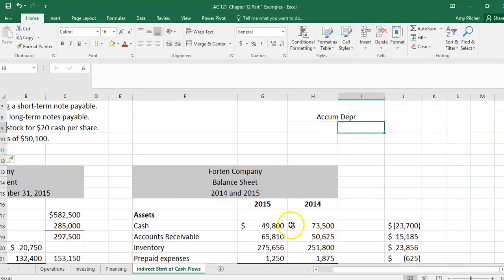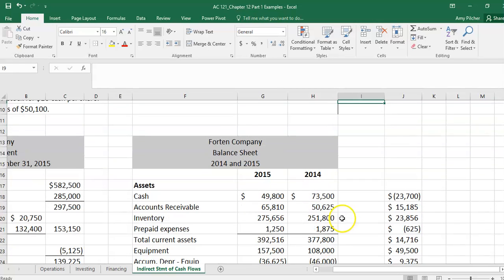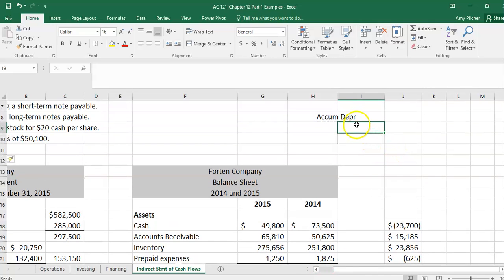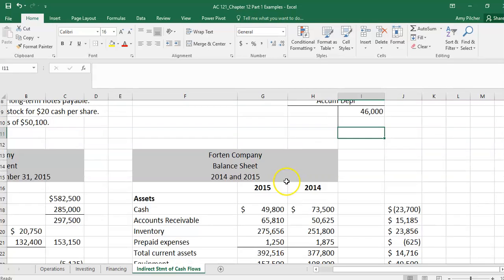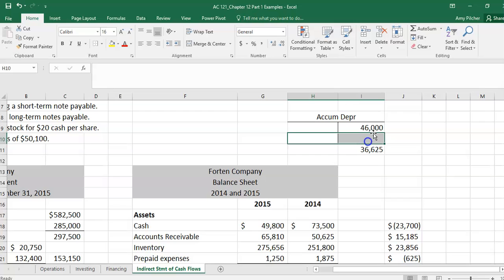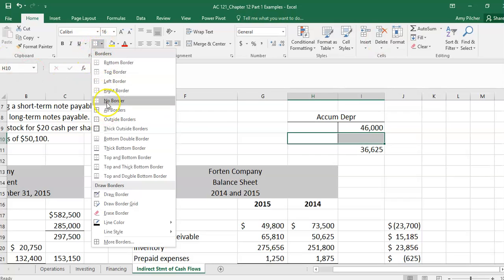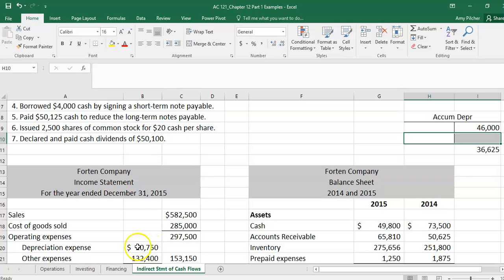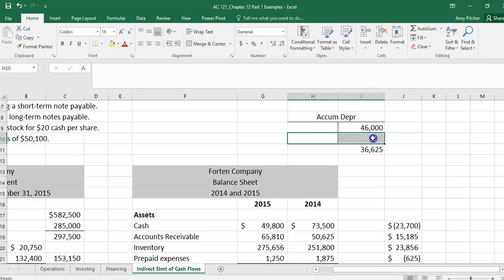Okay. So what we have in 2014 is that our accumulated depreciation is $46,000. So that is our beginning balance of accumulated depreciation. And we know that in 2015, our balance is $36,625. So that ending balance in our T account is $36,625. The other information that we have is that we had a depreciation expense on our income statement of $20,750.